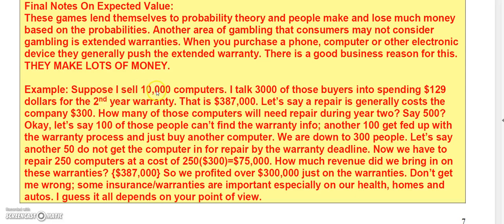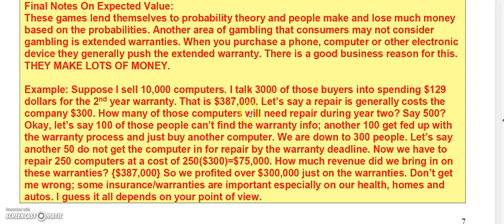Suppose I sell 10,000 computers, and let's say I talk 3,000 of those buyers into spending $129 for the second year warranty. Let's assume the first year it's warranty, but I sell them a second year warranty for $129. Well, 3,000 times 129 is $387,000. Let's say a repair generally costs the company $300.